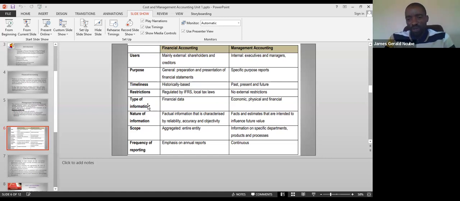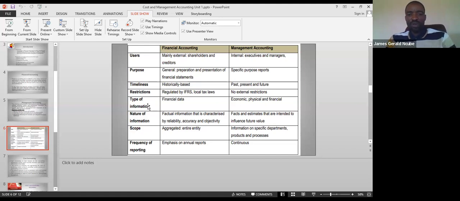It encompasses all the pillars. That is financial, physical data as well. Economic data is also inscribed within management accounting. It is broader as compared to financial accounting.